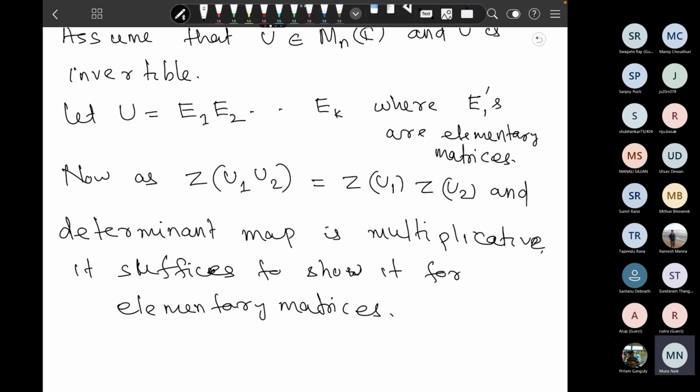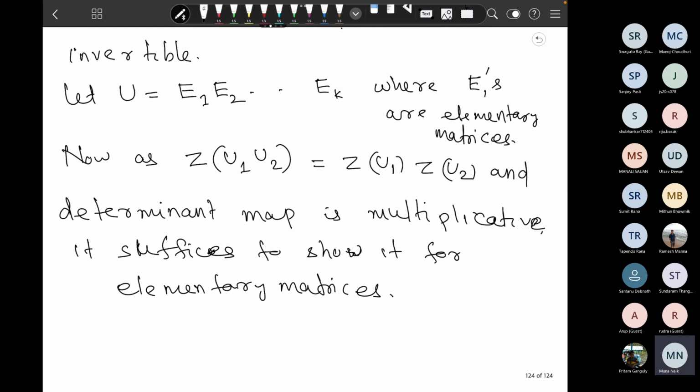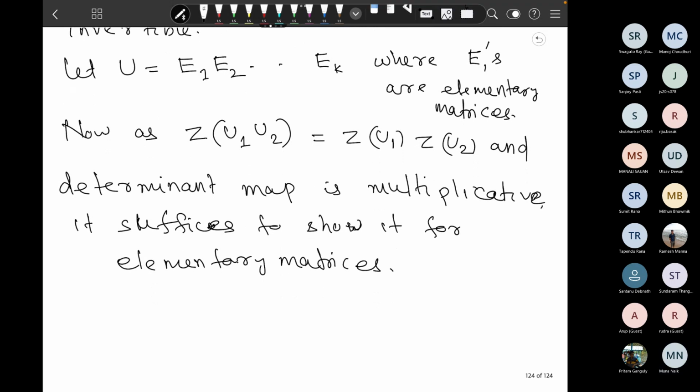Is it clear, Pushtida? I think he is not here. Monosda, is it clear? Yes, clear. It suffices to show it for elementary matrices.